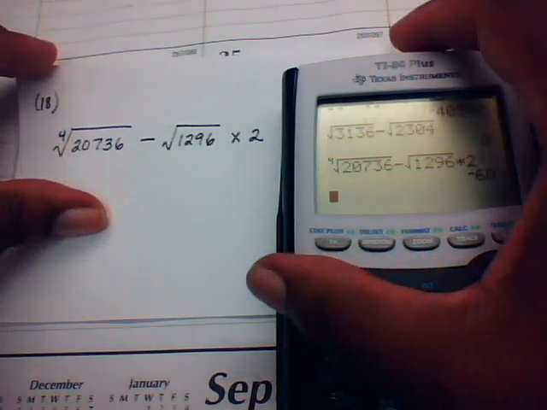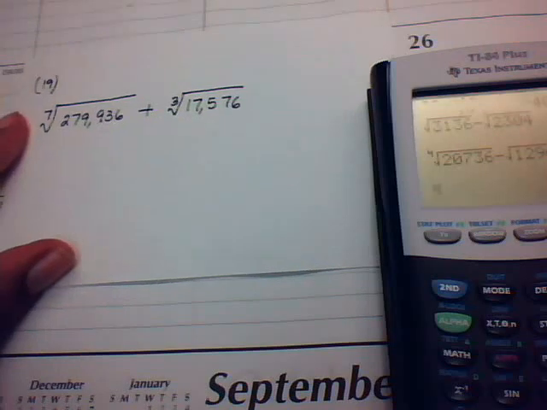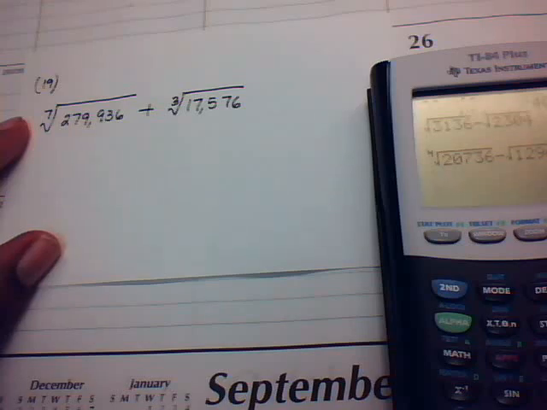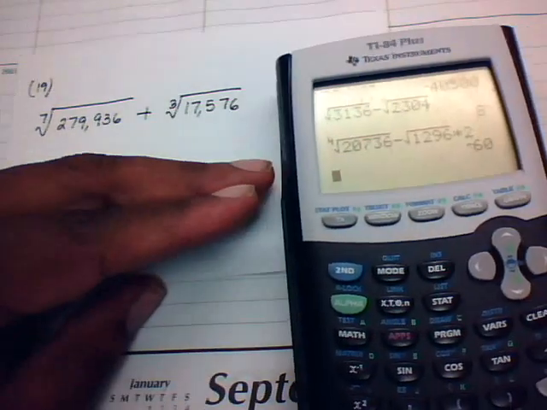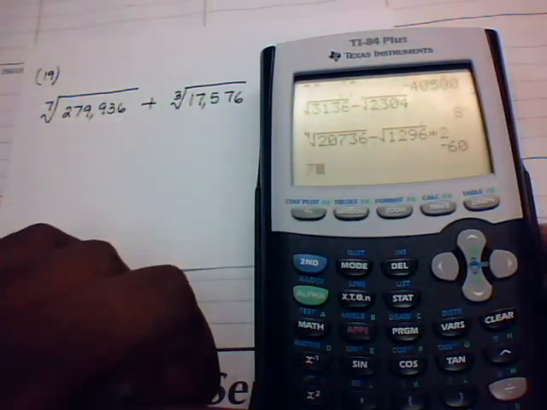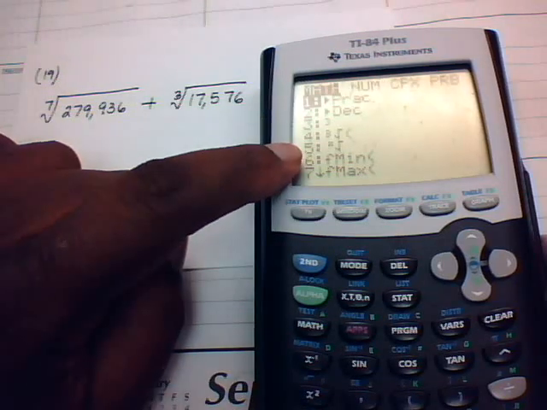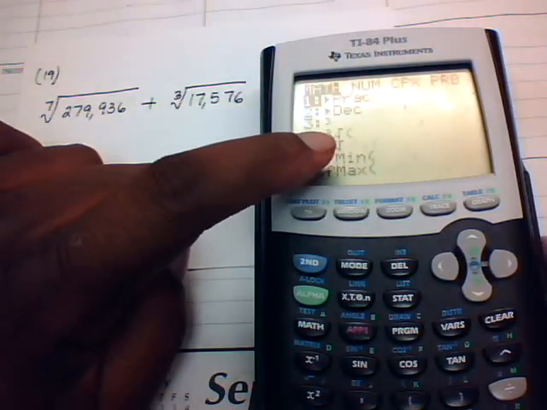All right, the next problem. Now notice we have the seventh root of 279,936 plus the cube root of 17,576. In this case, for the seventh root, we type in the number 7, then hit the math key and select number 5, which has the x and then the radical symbol.